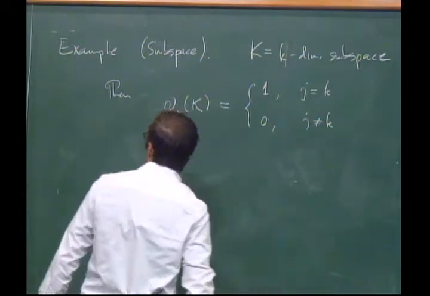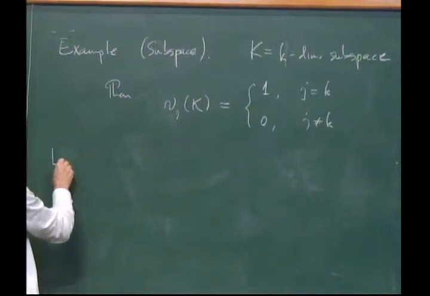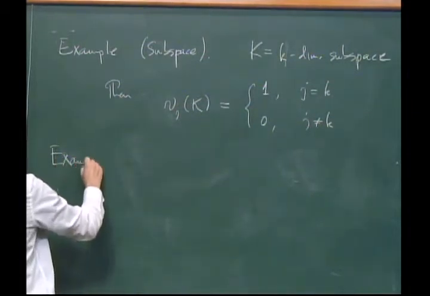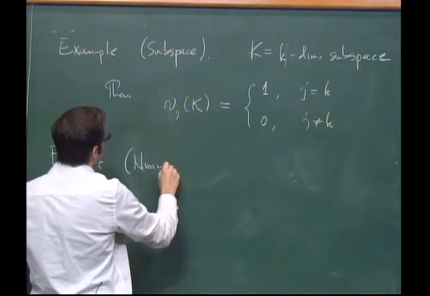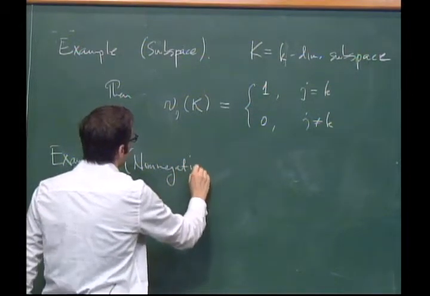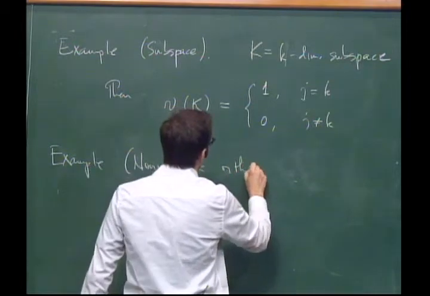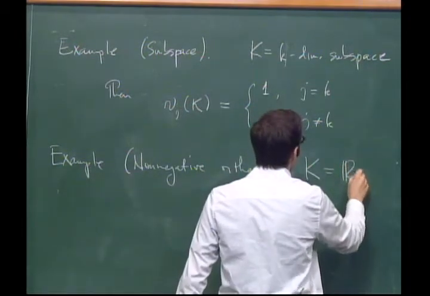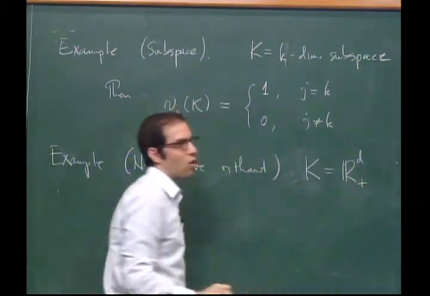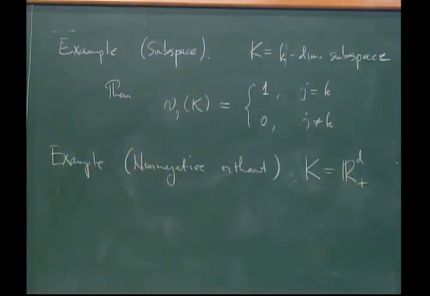Okay, let's look at another simple example. So, the non-negative orthant. So here, K is a set of vectors in R^d whose entries are all non-negative.